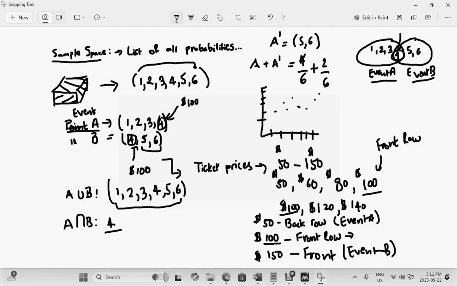Now this will be 2 over 3 plus 1 over 3. And 2 plus 1 is 3, so this will be 1.